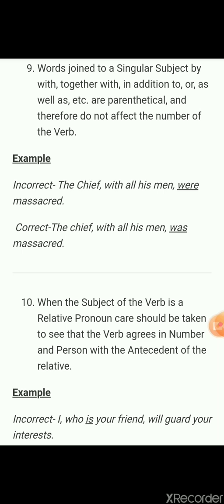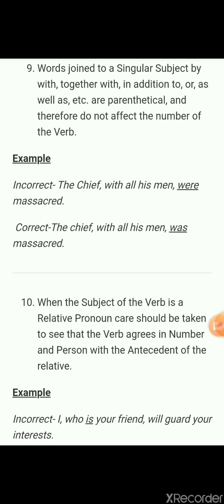Rule number 10. When the subject of the verb is a relative pronoun, care should be taken to see that the verb agrees in number and person with the antecedent of the relative. When the subject of the verb is a relative pronoun, care should be taken very cautiously to see that the verb agrees in number. Just look at the example and you will see. Incorrect.